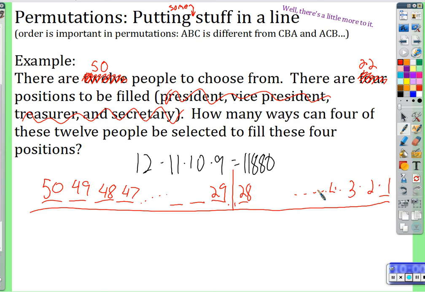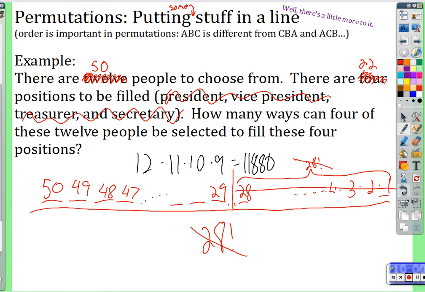So if this altogether is 28 factorial, if I divide this by 28 factorial, that cancels out all of these factors. So to shorten it up, it's 50 factorial over 28 factorial.